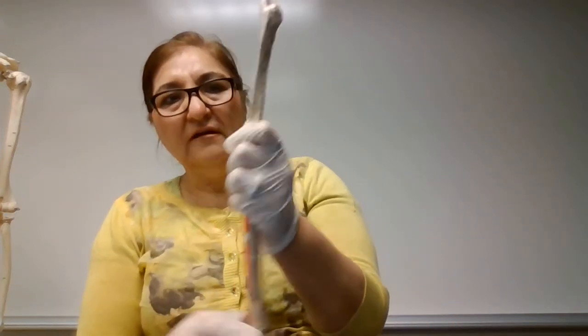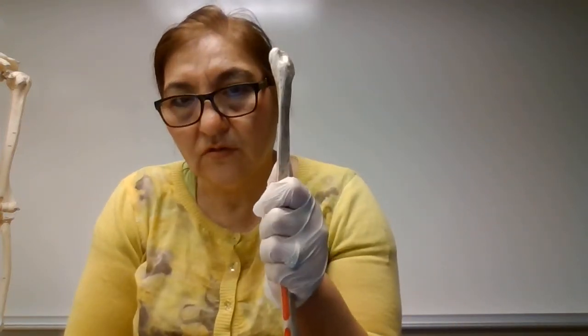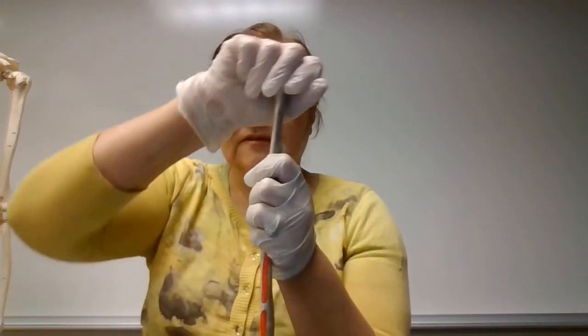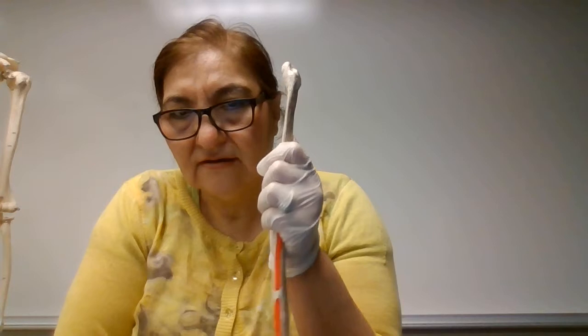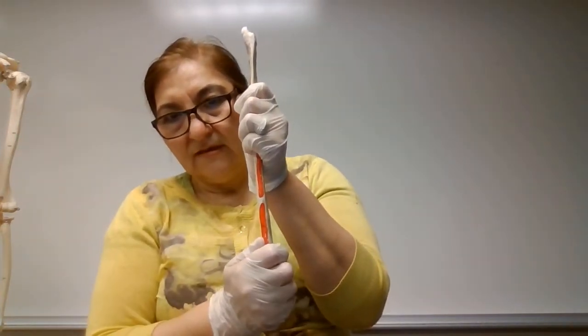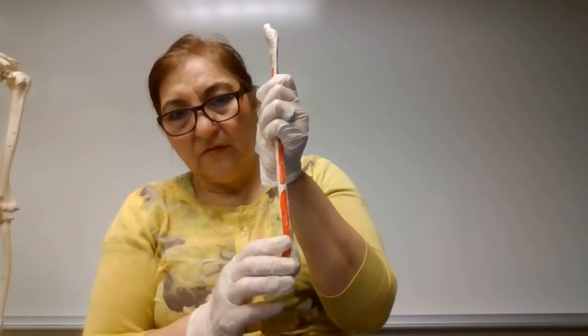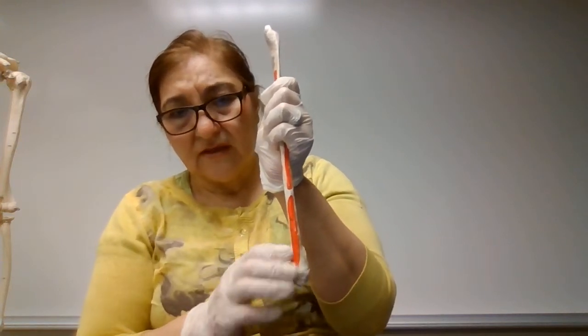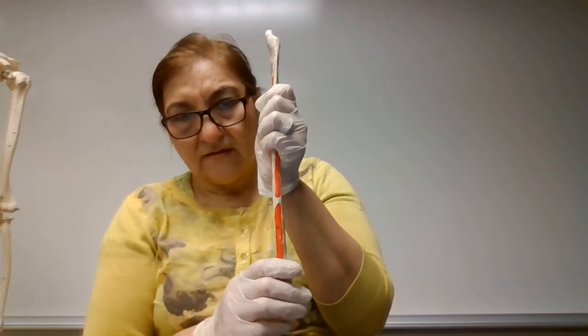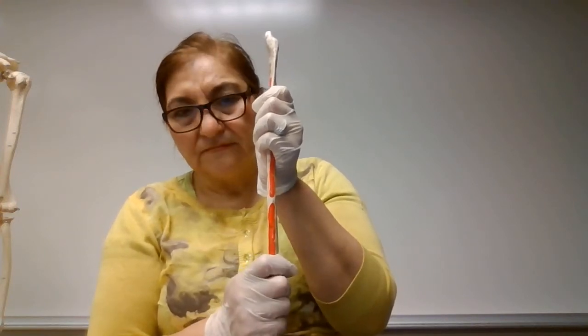Okay, let's talk about the fibula. The fibula is a very thin, long bone. And like the tibia, it has a proximal end and a distal end. And the most common fracture happens here. That bone is thin.